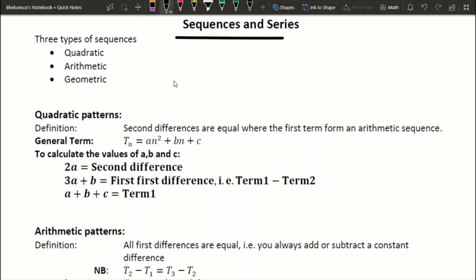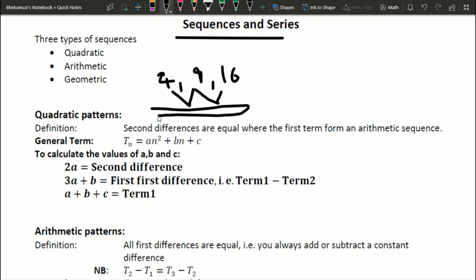It is trying to tell us that we would have a sequence, for instance 4, 9, 16, and we would have the first differences, the first line of differences that you get from subtracting the first term from the second term. They will result in an arithmetic sequence.